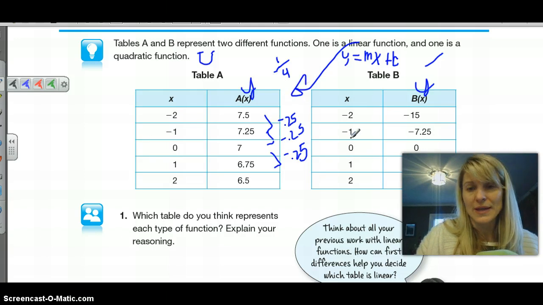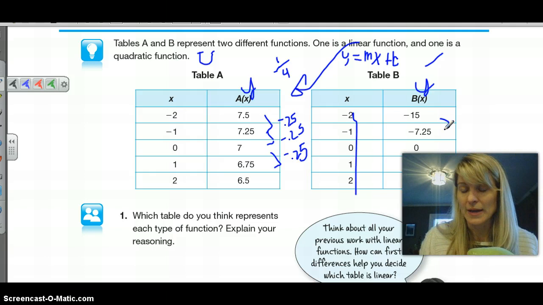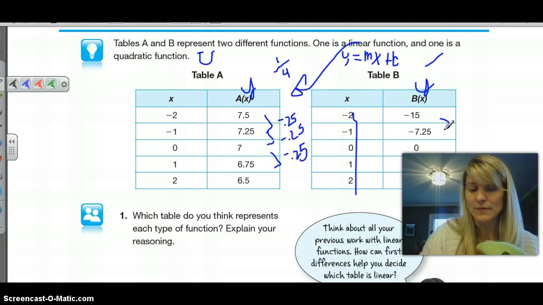So now we want to look at this one right here and see what is going on with this table. Again, the x's are the same, but now we want to find the difference between the y values. If we take negative 15 minus negative 7.25, we find that this is going to be 7.75. I'm sorry, this is not negative, it's increasing, so it should be positive.